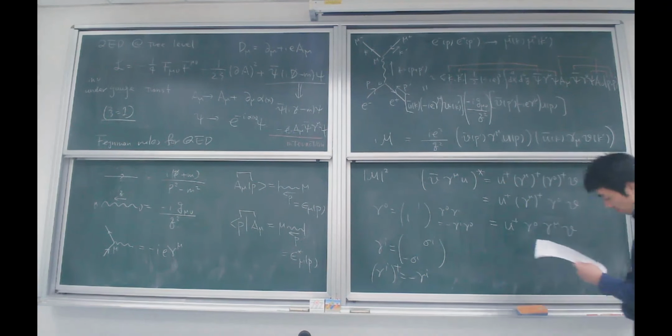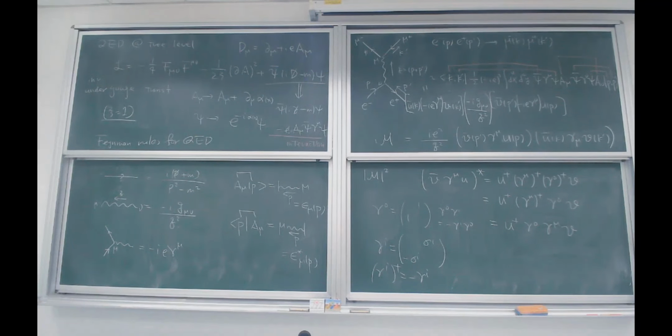Do you agree? Do you agree? So if you do gamma mu with mu equal to 0, the dagger is just gamma 0. But if mu is equal to a spatial index i, you have a minus sign. If you take a dagger, you have a minus sign.